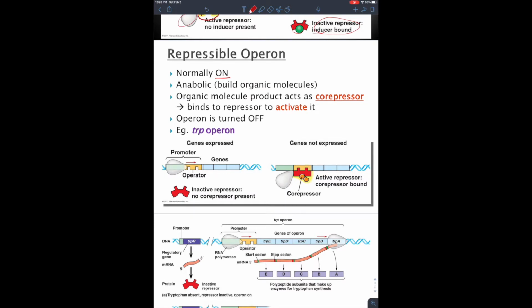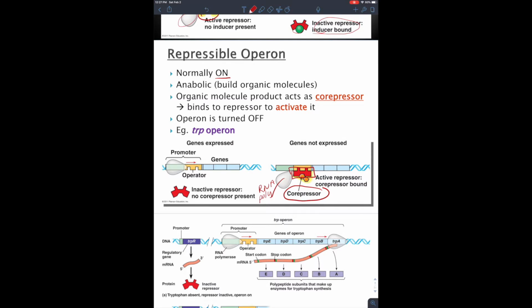So we're going to build a bigger product when we talk about anabolic. In a repressible operon, we're going to add that co-repressor onto the operator to block RNA polymerase from working. We're going to turn that entire operon off. We're going to stop what it's doing. We're not using it anymore.